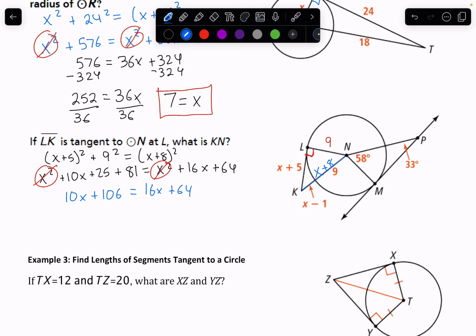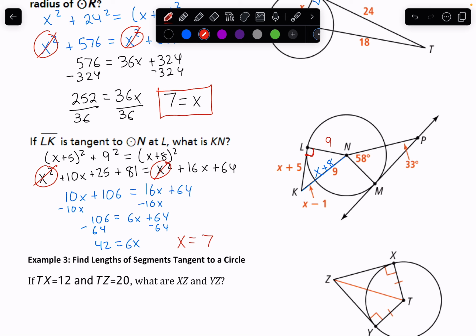Then we can go through and subtract, and then subtract 64. And so if 42 equals 6x, we divide both sides by 6, and we get x equals 7.